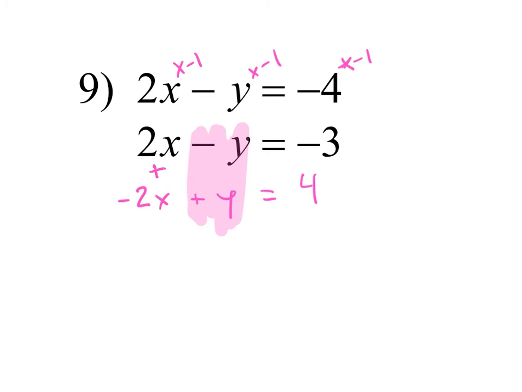Now that we have these opposite terms here, we can go ahead and combine. What's 2x minus 2x? Zero. What happens to our y's? They cancel. And then what is negative 3 plus 4? 1. Is 0 equal to 1?